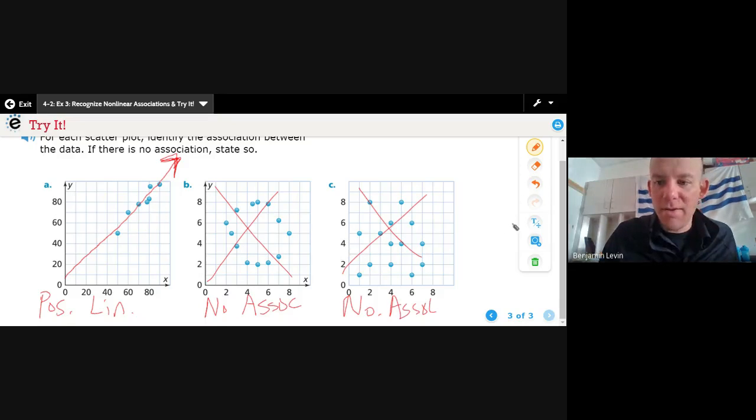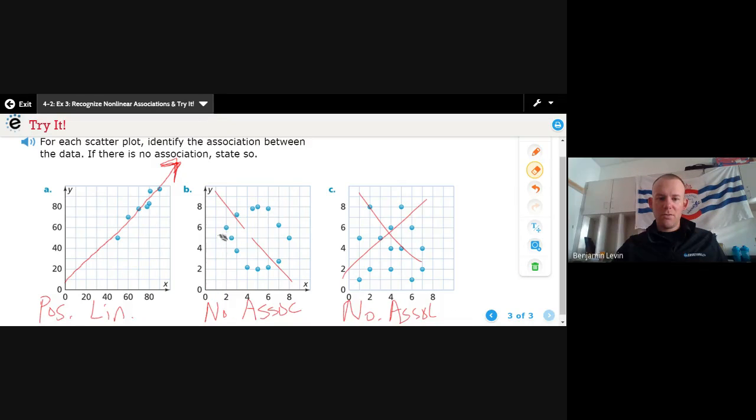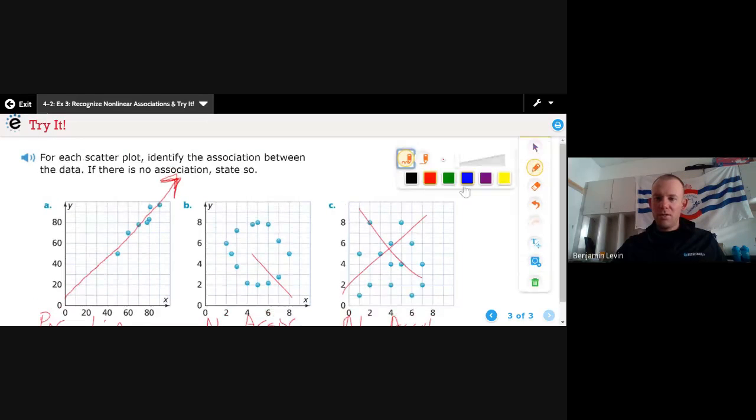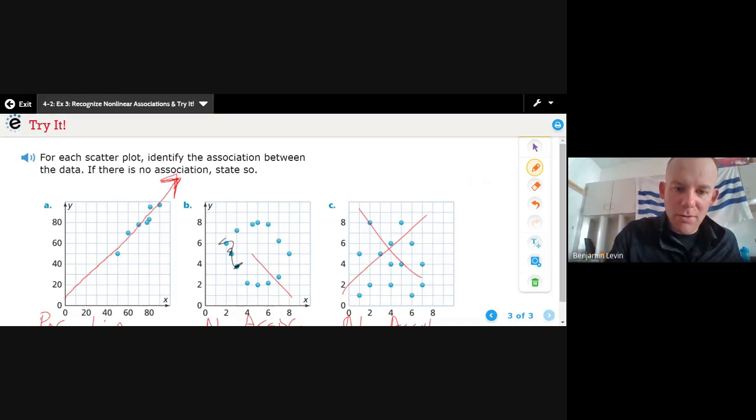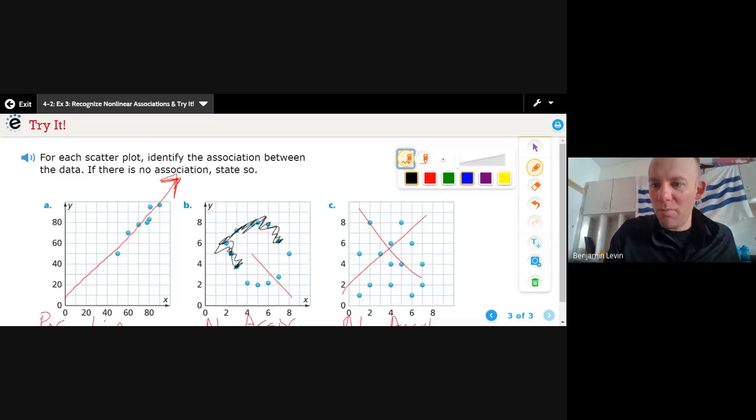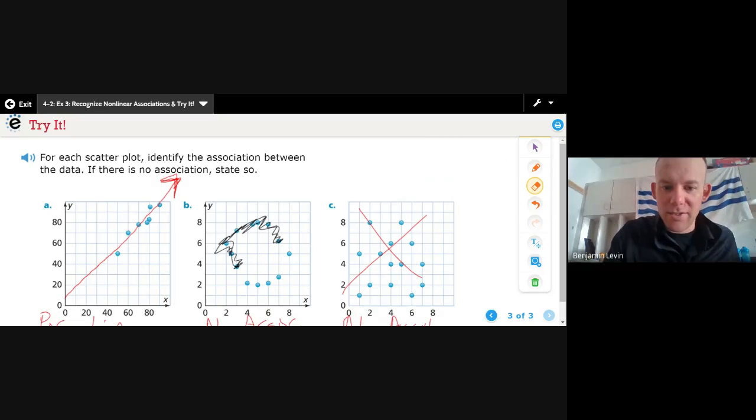I'm going to do this. Just pretend with me for a moment that these points don't exist. Now do we have an association? What do we have? Now we do, right?